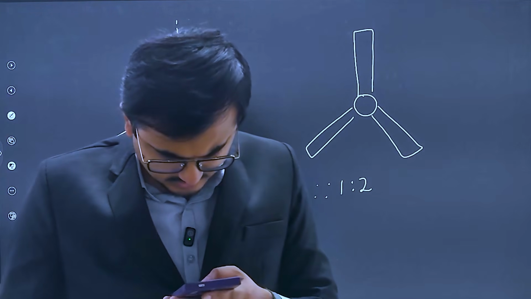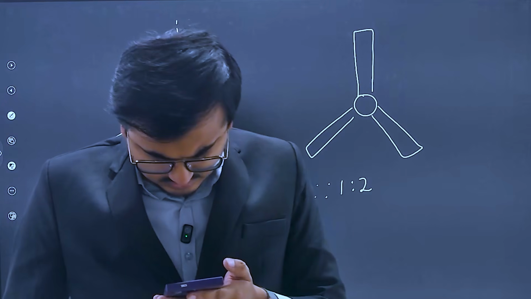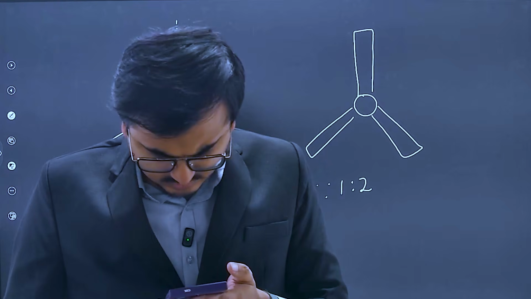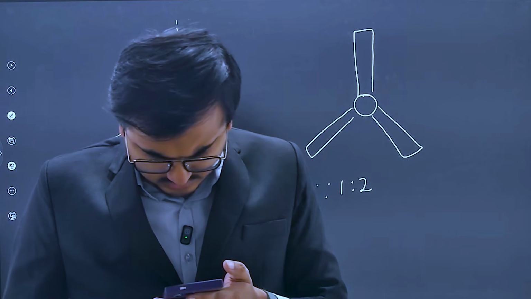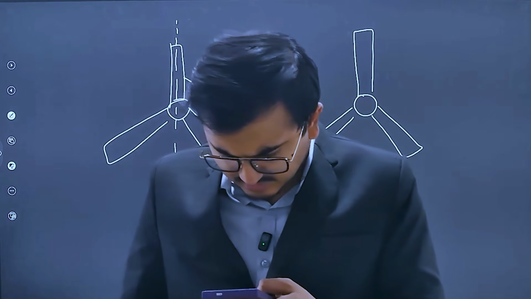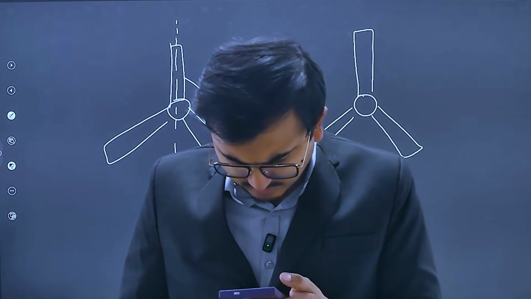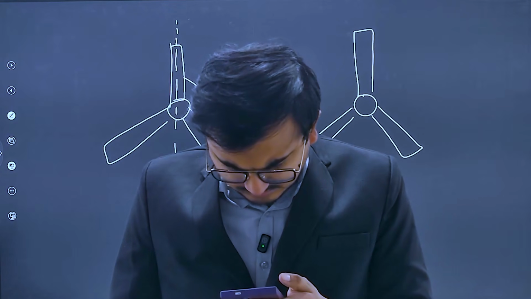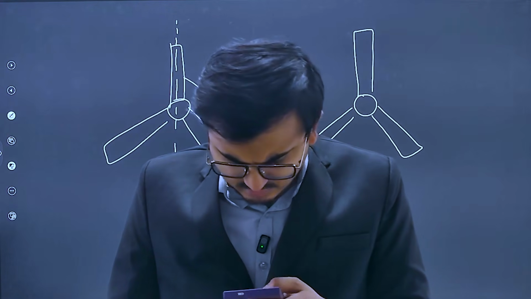Find x, 7 is to 4. Can you please retype it, Praneeth, because it is not giving a proper understanding. Find x, there should be a proportional symbol.